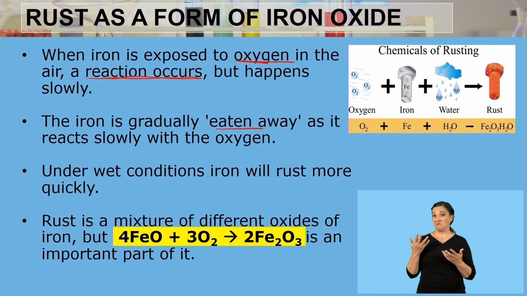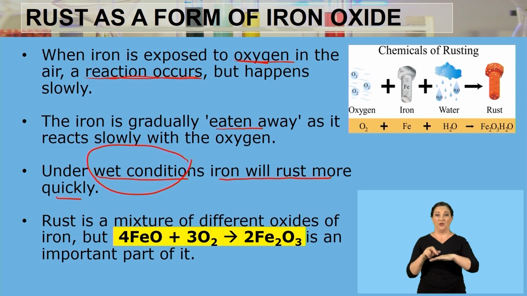Remember, the rust occurs slowly inland or away from the ocean. However, under wet conditions, the iron will rust more quickly. The wet conditions we're talking about are when the iron is near the ocean, because there's salt and there's moisture. So that iron is going to rust faster.